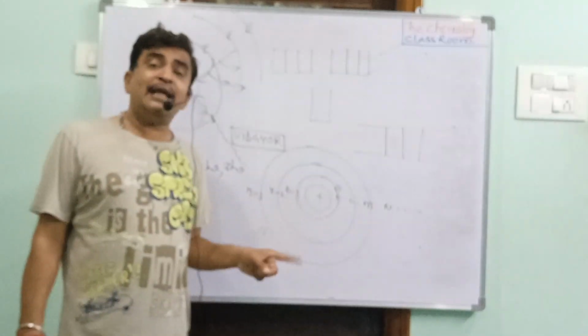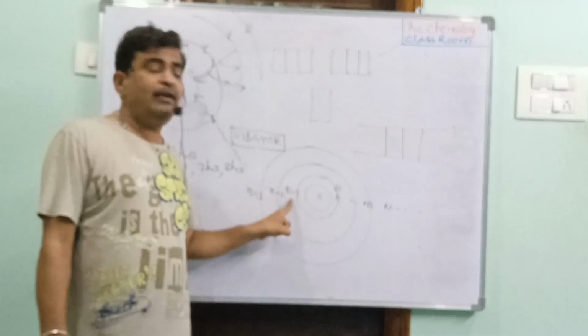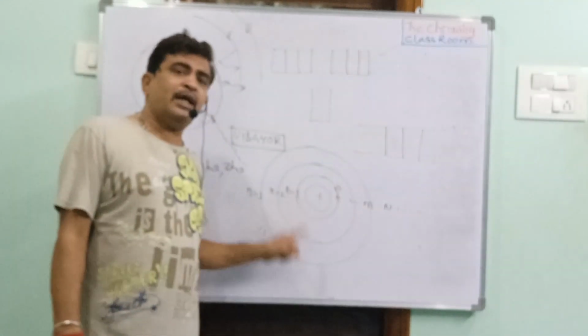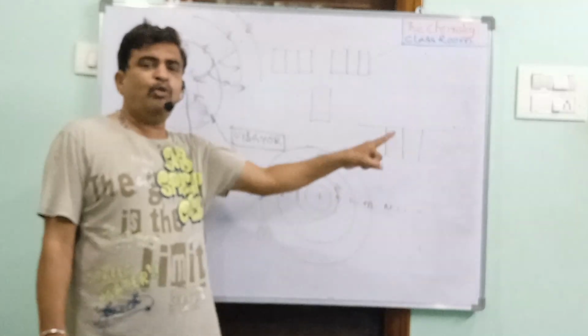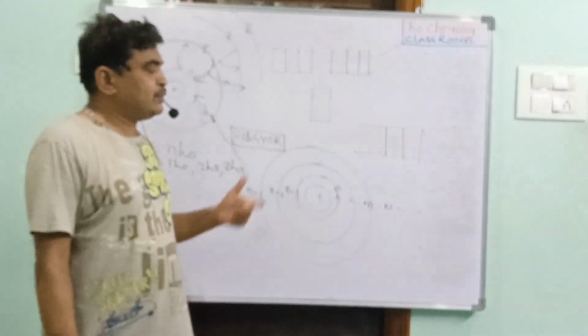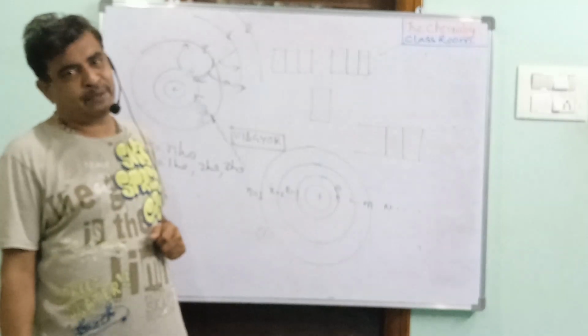They are also labeled as shells. K shell indicates the first energy level, L shell the second energy level, then M, N, O, P, Q, like that you have the different shells. So these are the postulates of Bohr atomic structure.